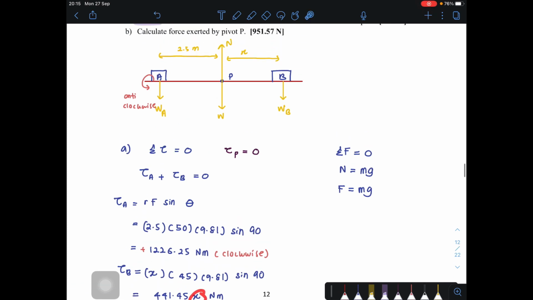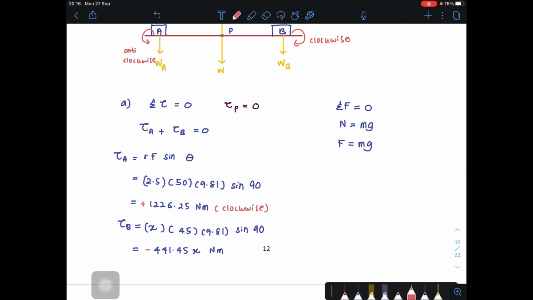And then the direction now: if this goes down, this side will go up, right? So it will rotate like this, which is clockwise. Why do we say it goes down? Because the force must be equal to mg, and our force is downward. So clockwise is negative. Okay, sorry, this one here is anti-clockwise. The one on top is anti-clockwise.